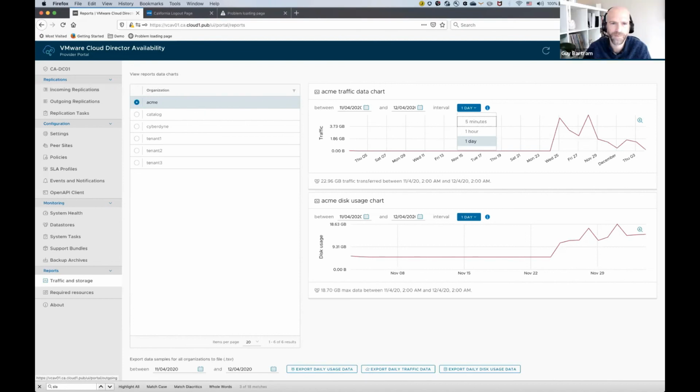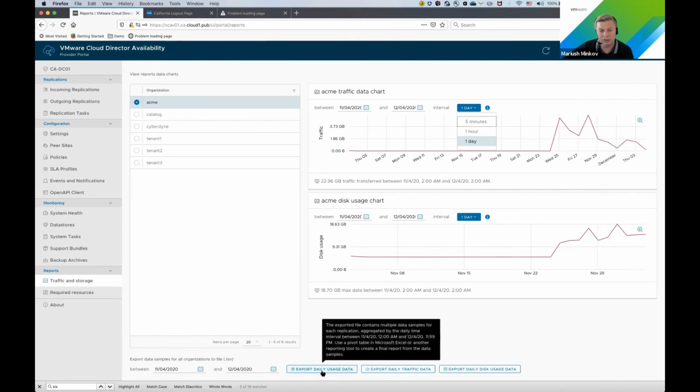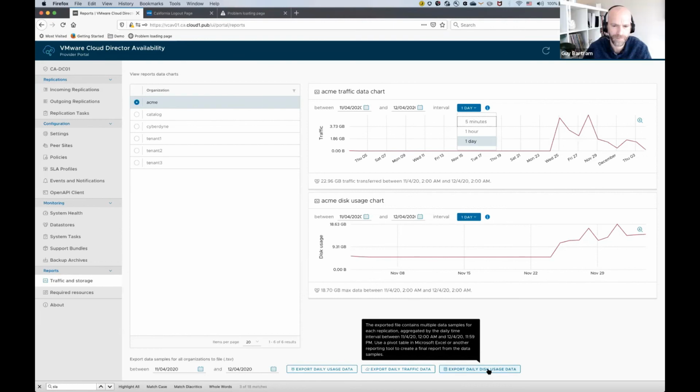Actually, I believe in the API that I was trying to show, you are going to get detailed information about every replication, and it is essentially the same output that is also available as a CSV file when you click the export daily disk usage data. I'd imagine it's going to be a large volume of data.